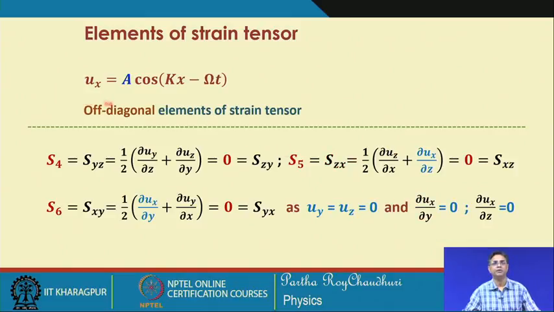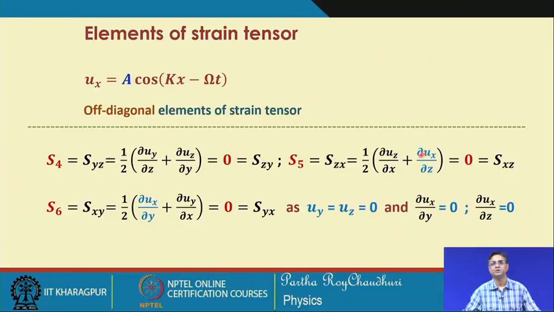In the same way for the off-diagonal elements, S4, this quantity, because uy is 0, uz is also 0, and similarly for Syz, because these two are the same quantity, Szy and Syz. Similarly for S5, which is Szx, it involves uz which is equal to 0, but there is no change of ux along z.